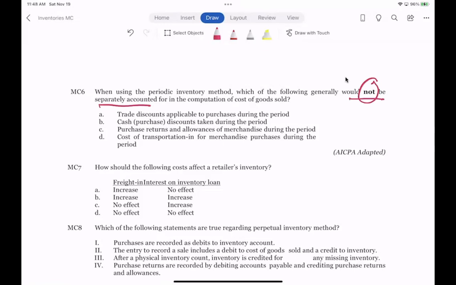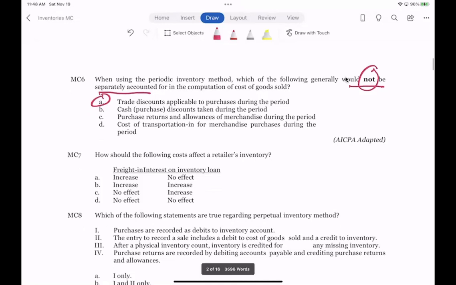So they are not even reflected in the invoice price, or the invoice price is net already of the trade discounts. Therefore, easily that is the answer. Cash discounts taken are recorded by the entity. Purchase returns, they are recorded. Cost of transportation is recorded.